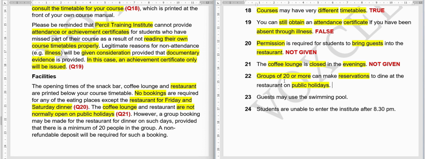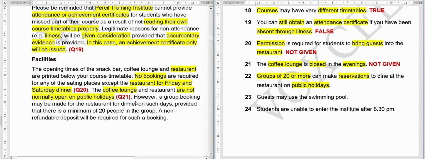But if we don't know whether they will open or not for your group of 20 or more, the answer will be not given. Let's read. However, a group booking may be made. So they're saying that we can make a group booking for the restaurant for dinner on such days.